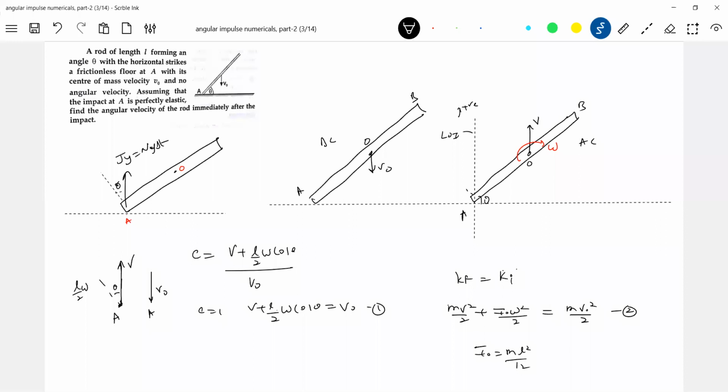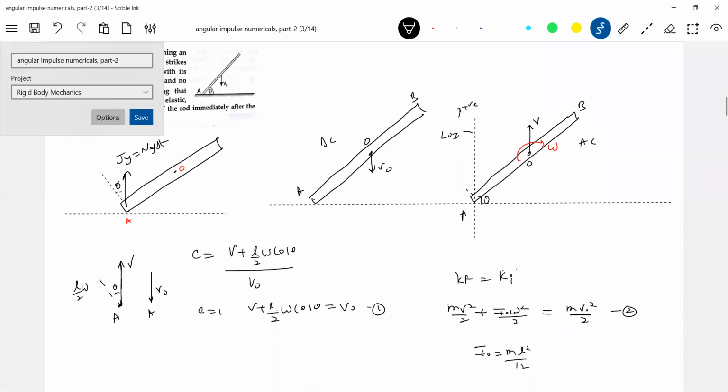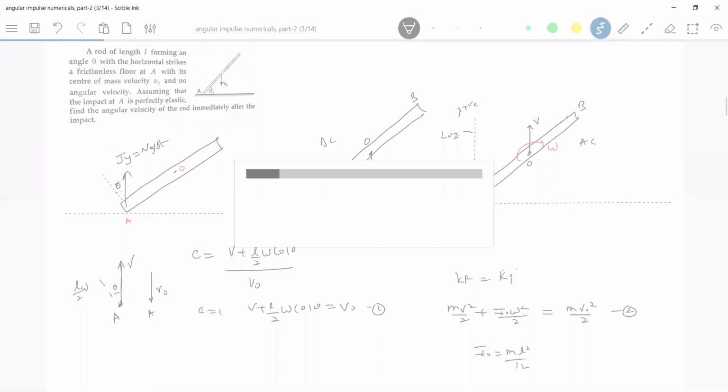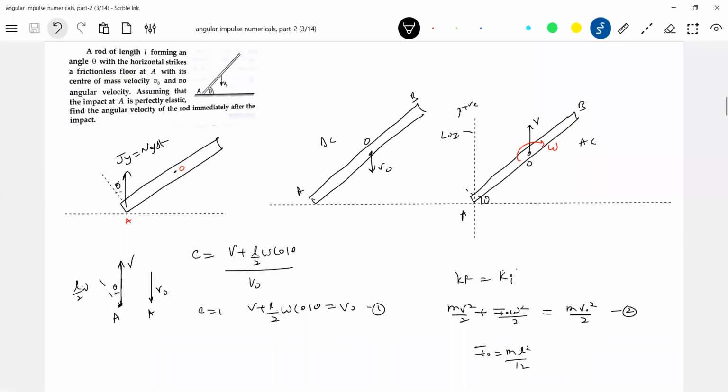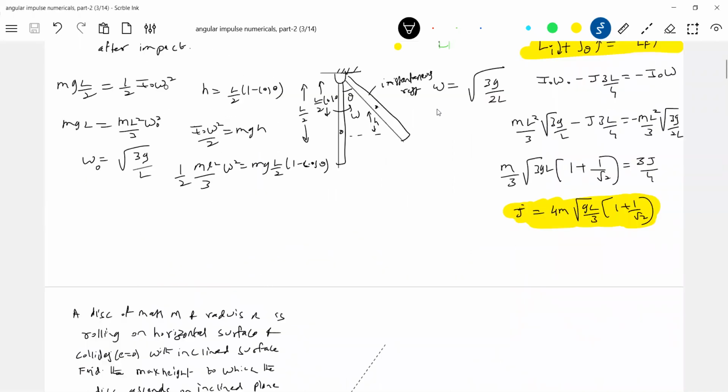It is rotating about O, no? Net angular momentum about O.